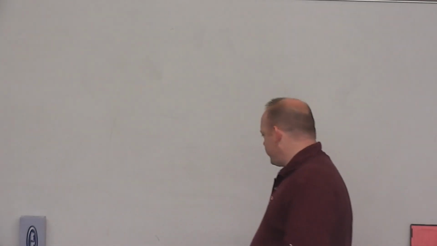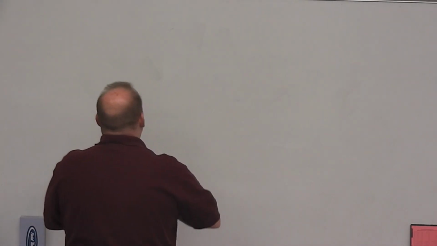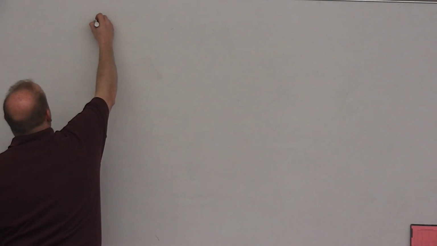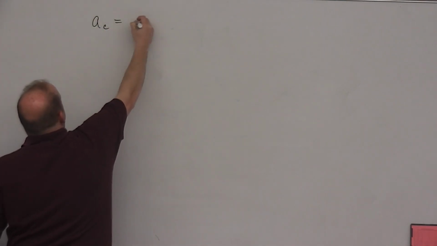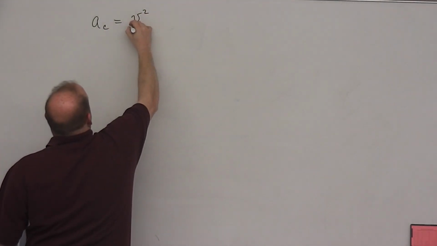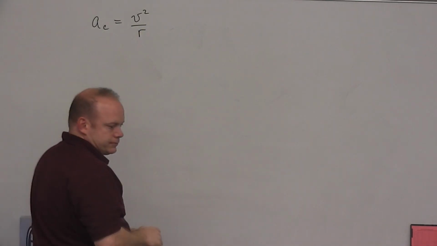Now, this is on uniform circular motion and centripetal force. Well, we already know some basics about this. First of all, we know that centripetal acceleration is equal to v squared over r.